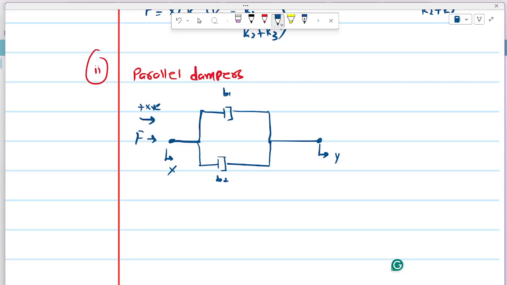So at this node, if the force is applied in this direction, there will be opposition by the dampers, FD1 and FD2, or more appropriately, you can call them D1 and D2.